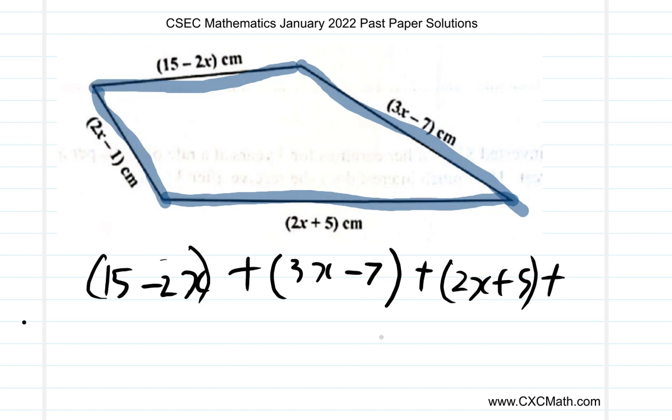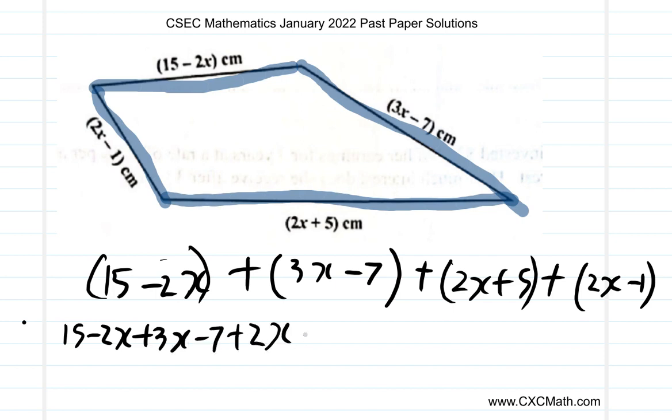So we finish finding the perimeter. It's 2x minus 1. So opening the brackets now, we have 15 minus 2x plus 3x minus 7 plus 2x plus 5 plus 2x minus 1 equals the perimeter P.